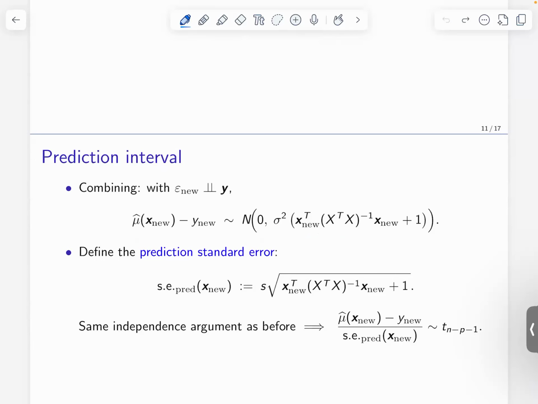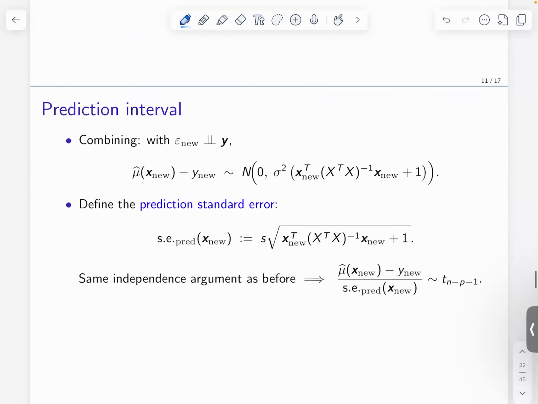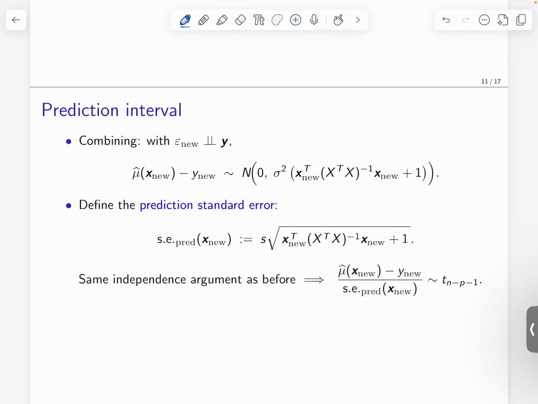So the variance of this would be sigma squared x nu transpose, X transpose X inverse, x nu. And the variance of this part, the negative sign doesn't matter, is sigma squared. So the variances add up. That plus that, you factor out one sigma squared, and you get that result up there. The details I'll let you figure out in your homework problem.